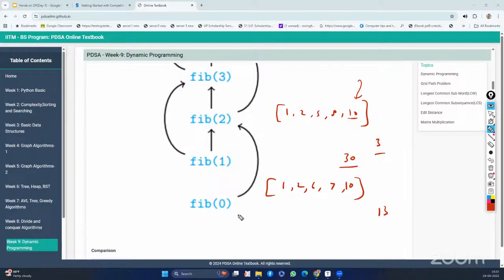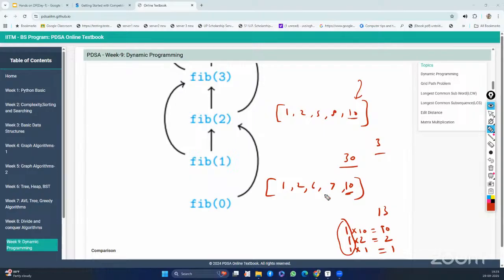If you apply the same greedy approach, always picking the greatest value coin first, you pick 10, and you can take only 1 coin of 10. Now 3 is remaining. You cannot take 7 or 6, but you can take 2, only 1 coin of 2. Still 1 remaining, so you take 1. Now the total amount is covered, so a total of 3 coins is required by this approach.